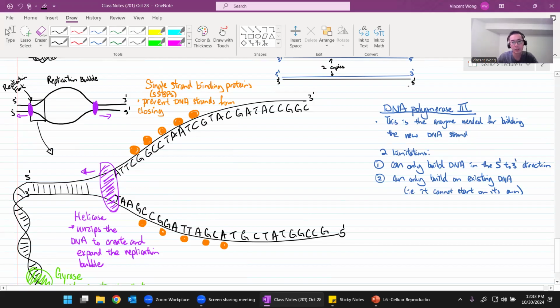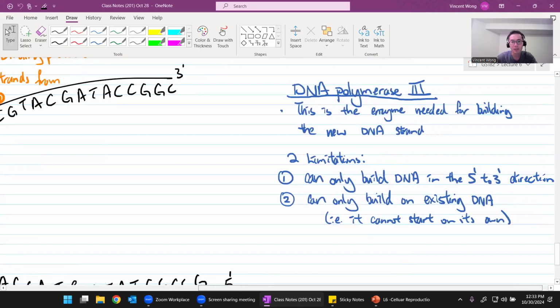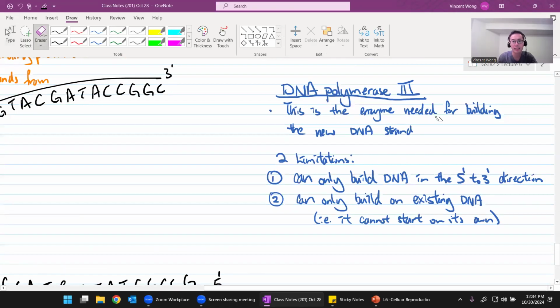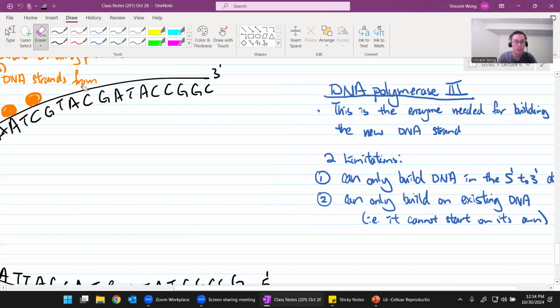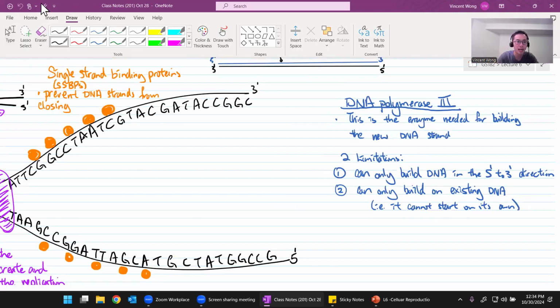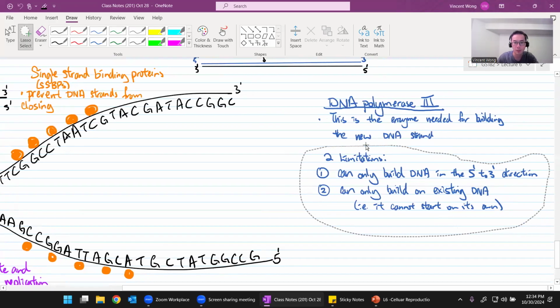And then towards the end of last class, I introduced you to this enzyme called DNA polymerase 3. So DNA polymerase 3 is an enzyme that is needed for building the new DNA strand. And what it actually does is it will use the parent strand as a template to build the complementary DNA strand. Maybe I'm just going to add that extra bit for you to make it a little bit more clear.